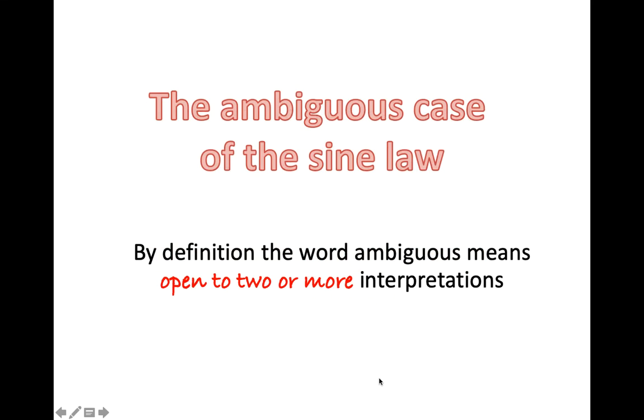Now, ambiguous, just as a definition, means open to 2 or more interpretations. And so what's happening is you're given a scenario, and by its very nature, there's this possibility that you can have more than one answer.